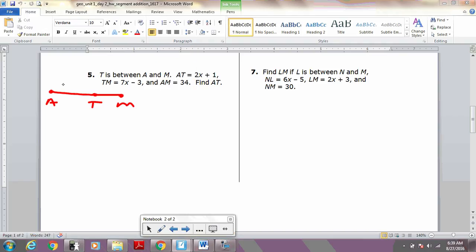So AT is 2x plus 1. TM is 7x minus 3. And AM is 34. So now let's write the equation.